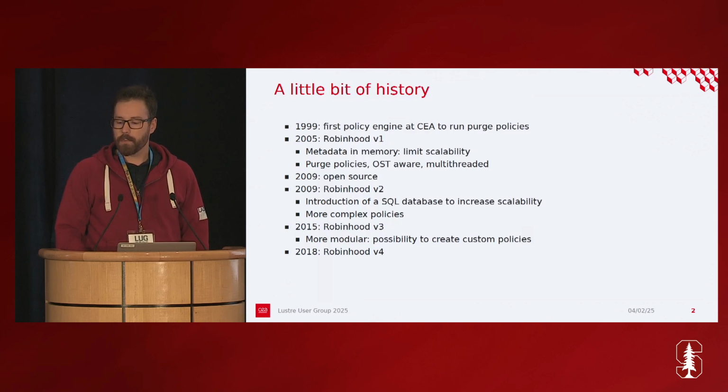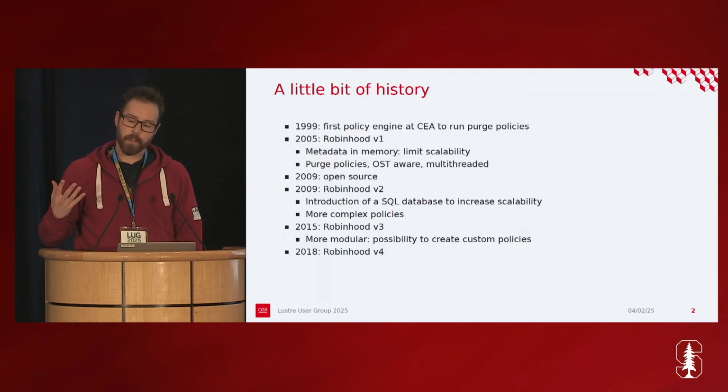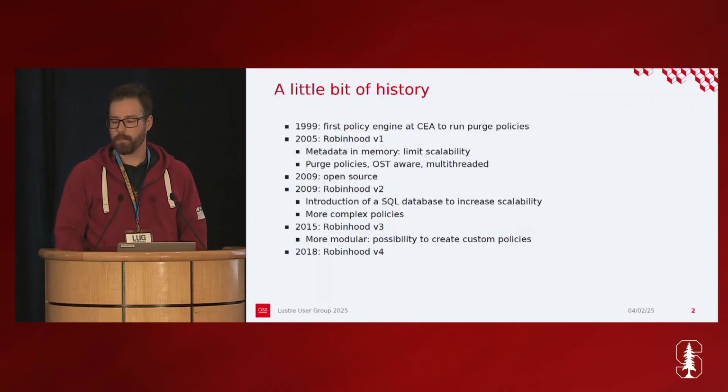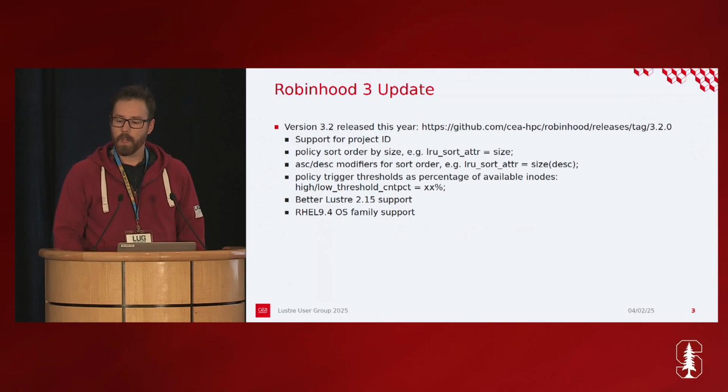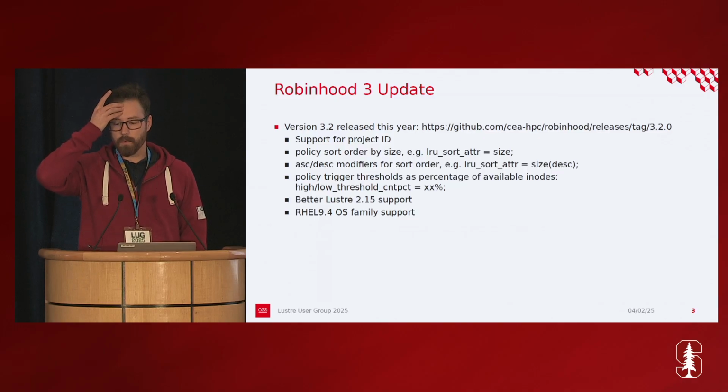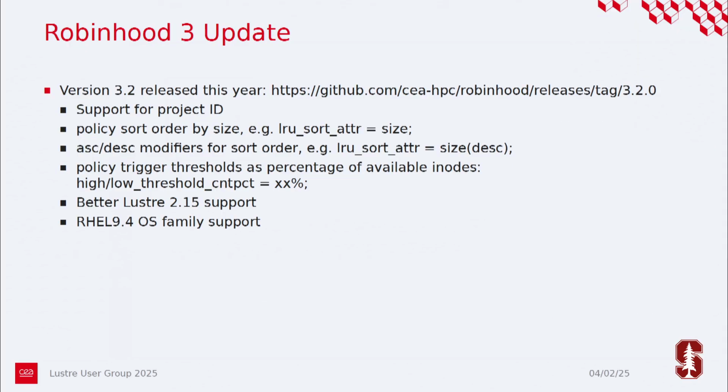And in 2018, they started to think about improving upon Robinhood 3 and having more flexibility and also improve the scalability of Robinhood 3. So before diving into Robinhood 4, we've released this year a new version of Robinhood 3, so 3.2 that Aurélien talked about yesterday.